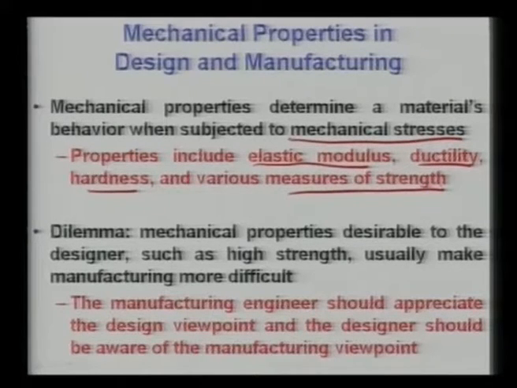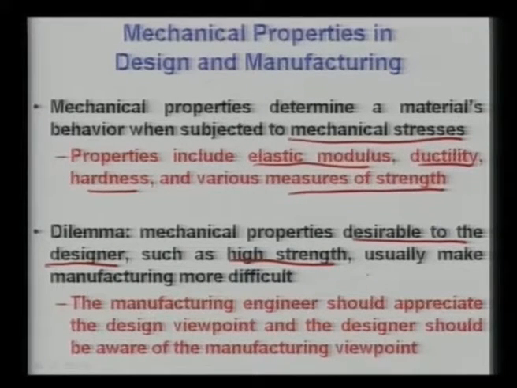Therefore this mechanical property determination, or mechanical testing, is important. Now the mechanical property desirable to the designer, that is, who designs different materials, is high strength, and this usually makes manufacturing more difficult, because if you take a very high strength material, then processing the material to a particular shape becomes more and more difficult, because you require a very large capacity rolling press or forging press to deform that material, because the material itself has very high strength.